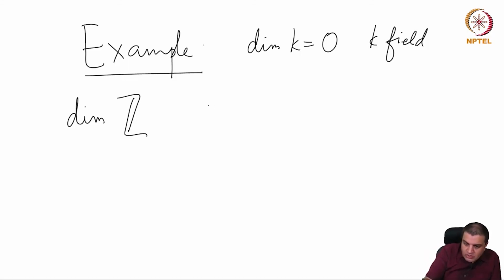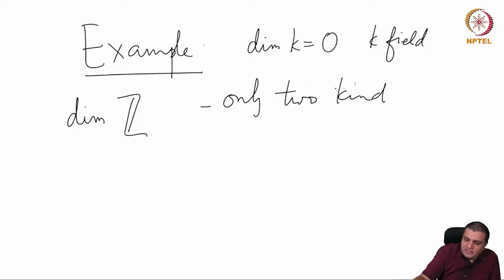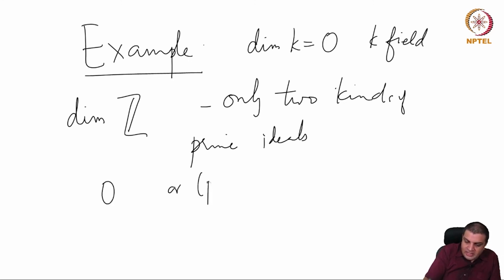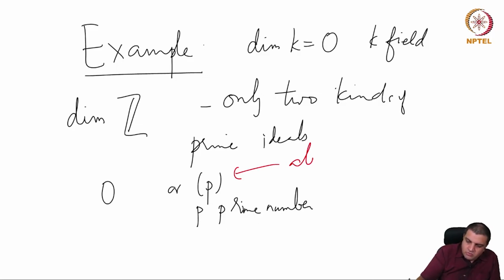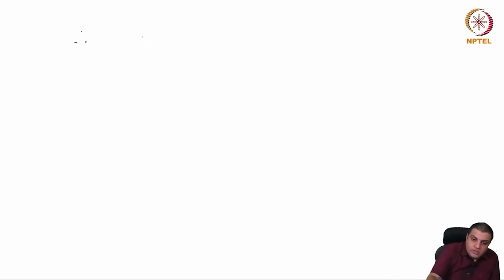There are only two kinds of prime ideals: 0, or the ideal generated by p, a prime number, and these are also maximal. Maximal ideals are exactly these, and therefore the dimension of Z is 1.